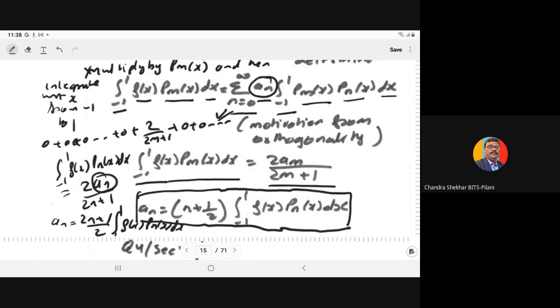That is the approach to determine the Legendre expansion of any arbitrary function. If you want to expand any arbitrary function in terms of the Legendre polynomials, first you write that function as the summation n equal to 0 to infinity an Pn, and the an can be computed as (n plus half) integral minus 1 to 1 f(x) Pn(x) dx.